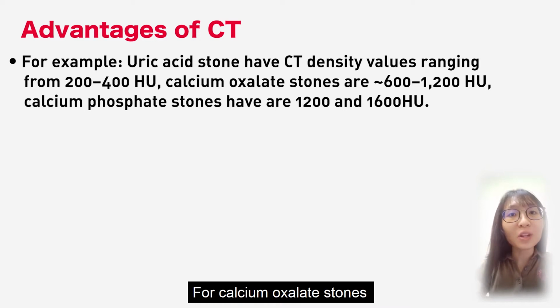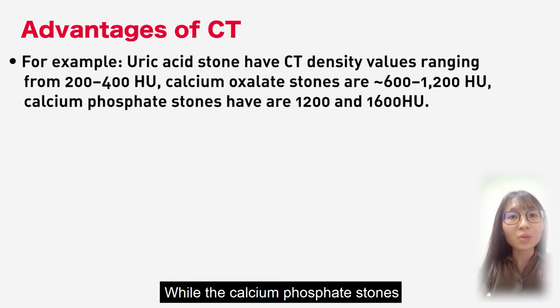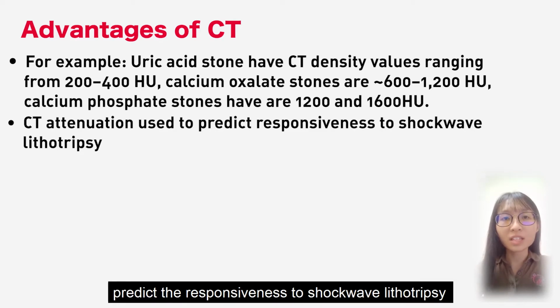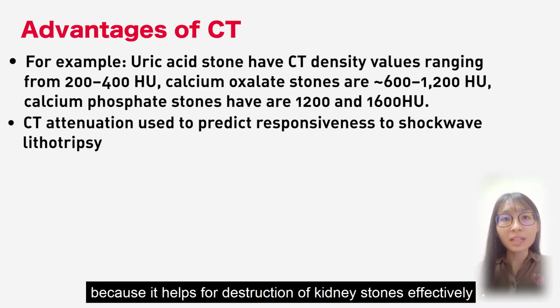For calcium oxalate stones it is around 600 to 1200 HU, while calcium phosphate stones are around 1200 to 1600 HU. CT attenuation can be used to predict responsiveness to shockwave lithotripsy, because it helps in the effective destruction of kidney stones.